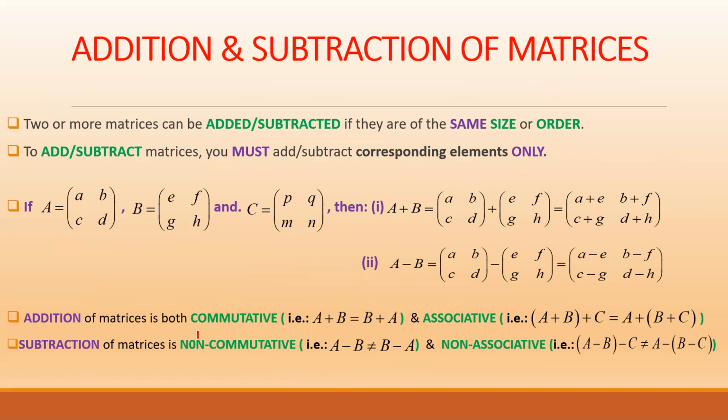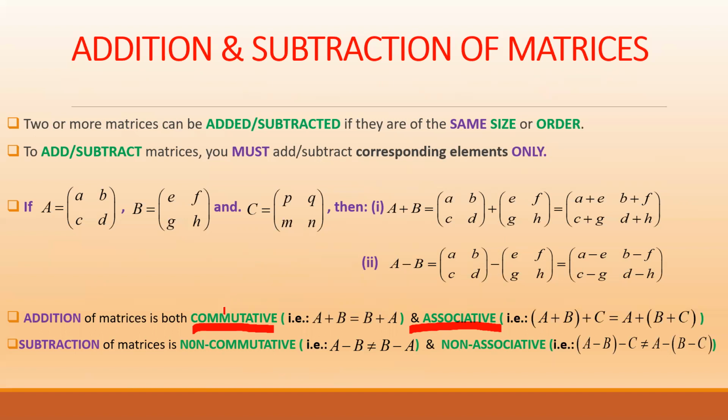Commutative, also known as commutativity, and associative or associativity, just using different parts of speech, guys. So commutative or commutativity and associative or associativity.